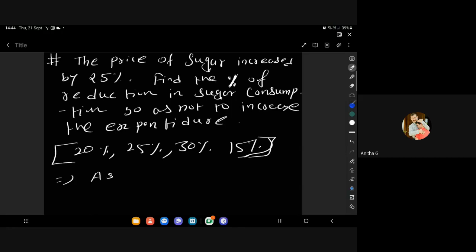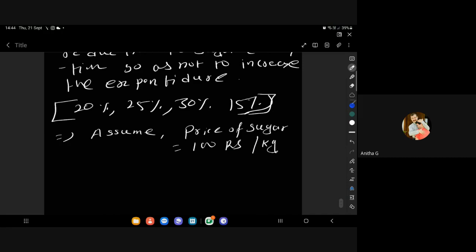Assume the price of sugar is 100 rupees per kg. Means 1 kg sugar you can get at rupees 100.